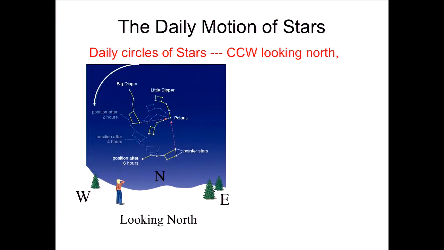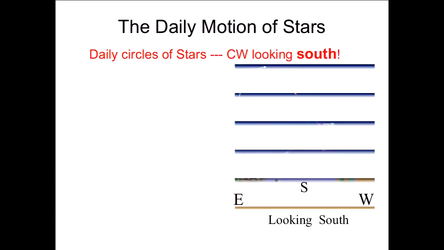But because these stars are so close to the North Star, to Polaris, they just appear to go around. You see this arrow? That shows the direction of the sky pinwheeling from the east to the west, because in fact it's us that's going from west to east as we rotate around.